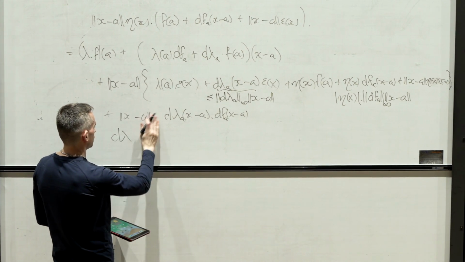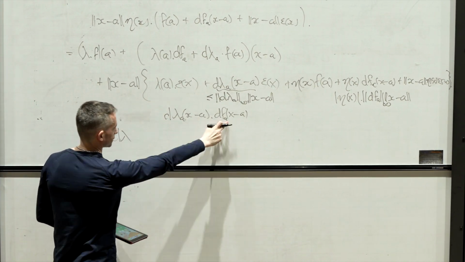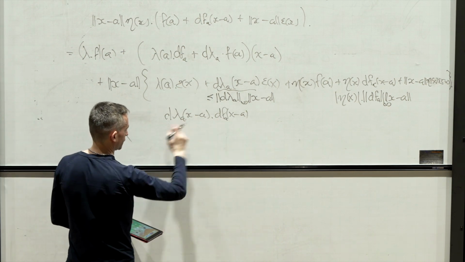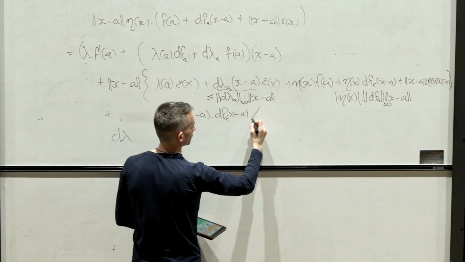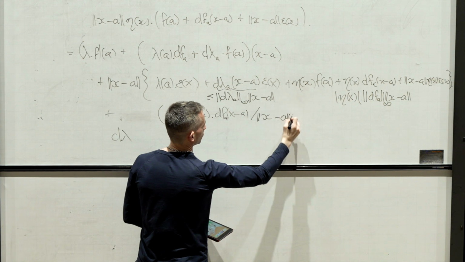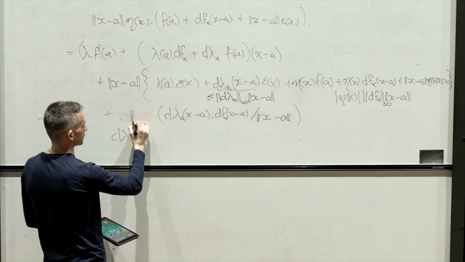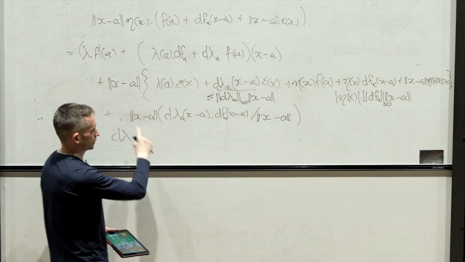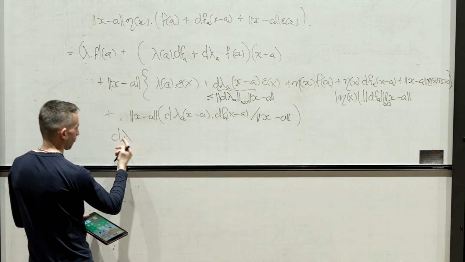Oh, sorry, I should have said, it's just plus this term, and we need to know that this term, if you like, divided by the norm of x minus a still goes to 0. So it's this divided by this.